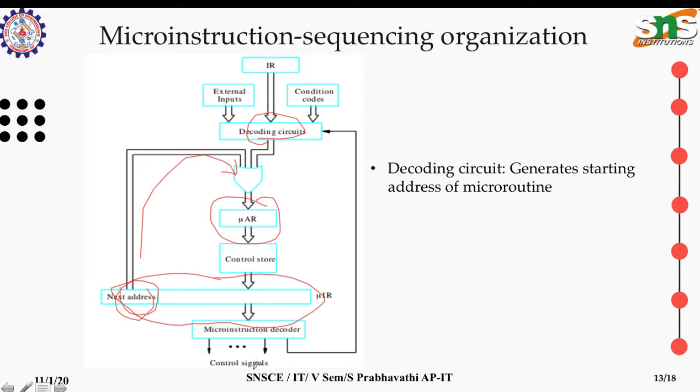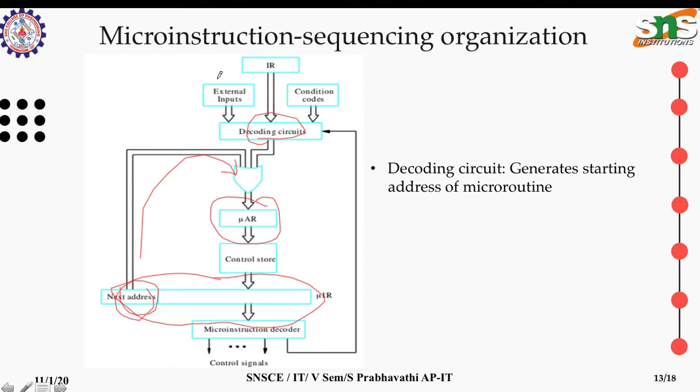Okay, so here we are seeing the control unit design. Initially the instruction is stored in the instruction register, and the decoding circuit is used along with the current instruction. While executing the current instruction, there may be some interrupts, there may be external inputs in real time coming to our computer system that need to be handled, is it not?